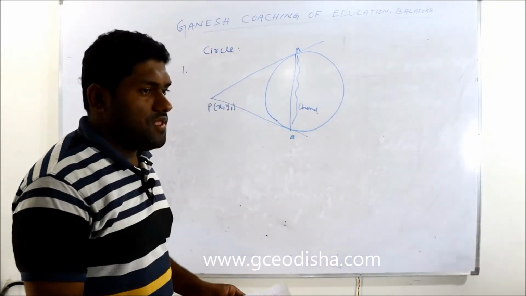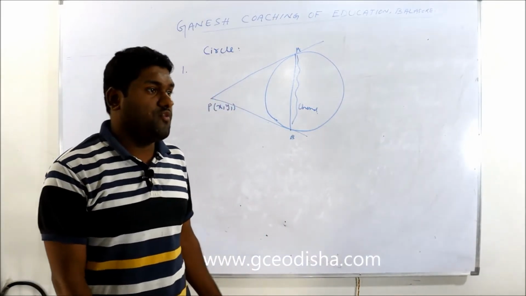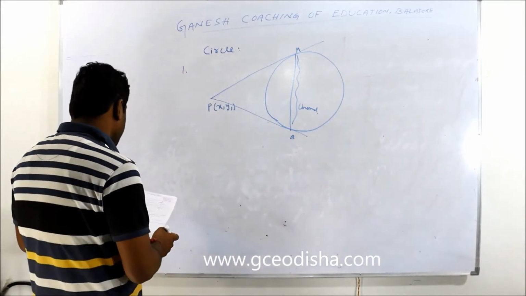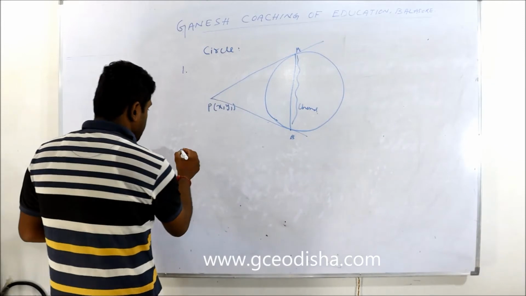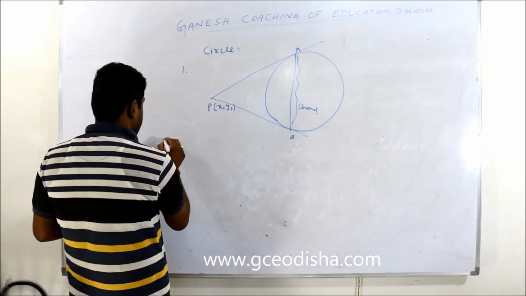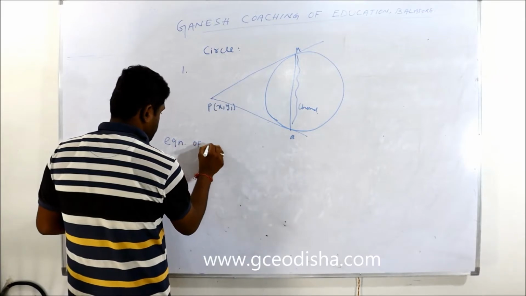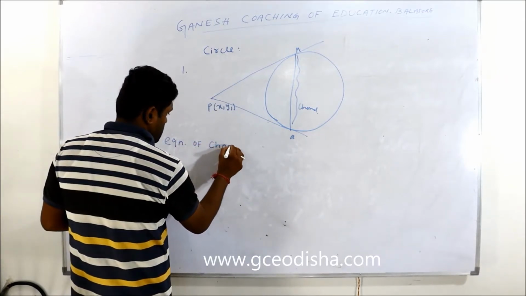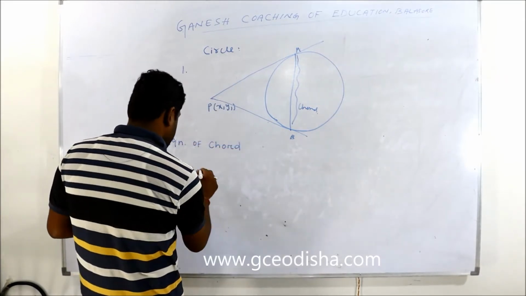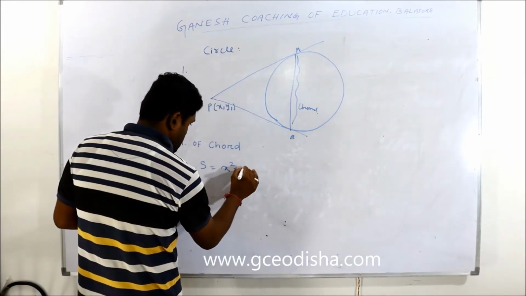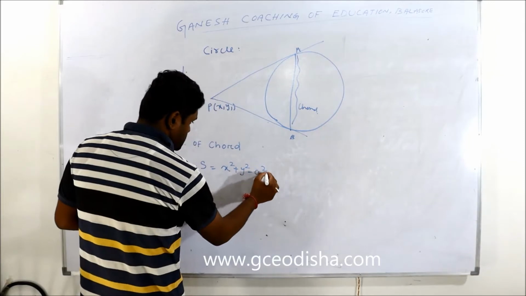Then they may ask you to find the equation of the chord. Then how can we find the equation of the chord? S is x square plus y square minus a square.